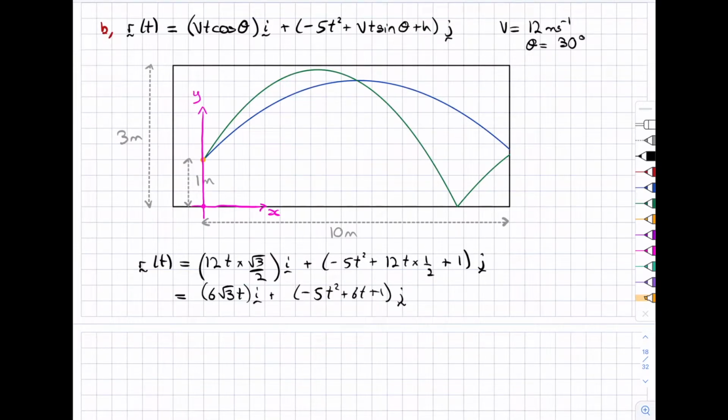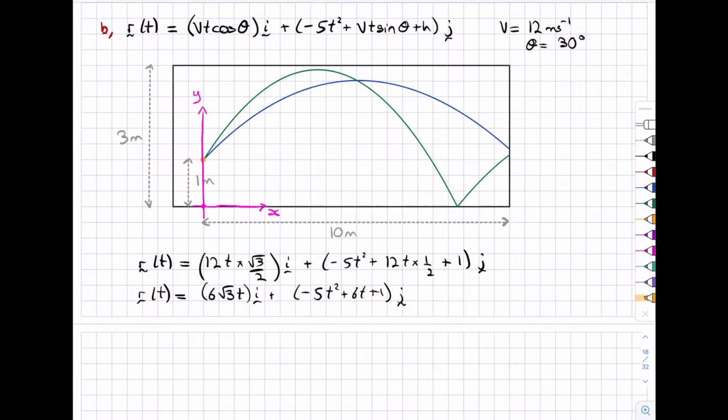Okay, cool. So we've got the displacement vector for our particular scenario, and let's just remind ourselves what we're trying to do. We're trying to show that it's never going to hit the roof, and we're also trying to show that it will hit this far wall before it hits the floor. So let's start off with the fact that we want to show it doesn't hit the ceiling or the roof.